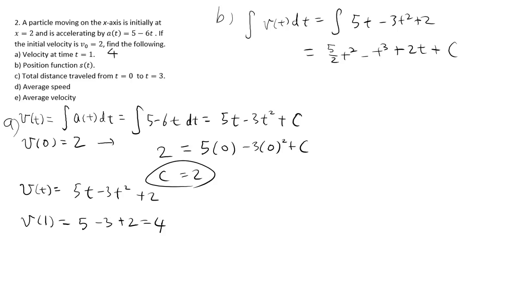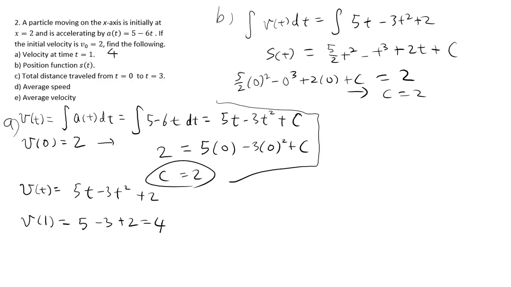Therefore, since this is your s of t, and since if you plug in 0, you get 5/2 times 0 squared minus 0 cubed plus 2 times 0 plus c, this is what you get for s of 0, but s of 0 should be 2 because that's where it begins. So again, you get c equals 2, and therefore the final answer for that would be s of t equals 5/2 t squared minus t cubed plus 2t plus 2.